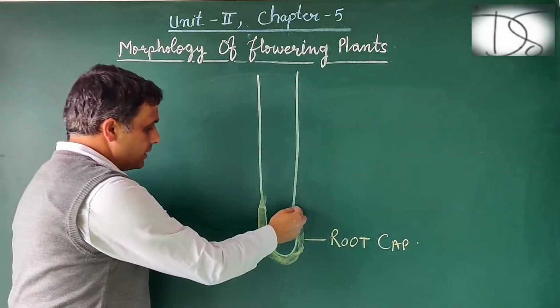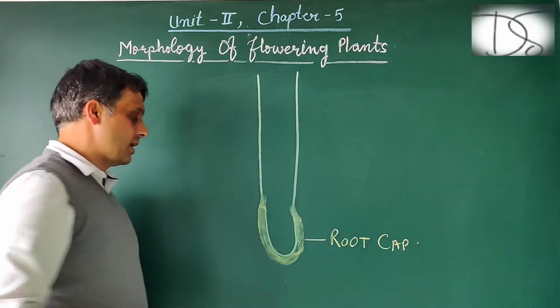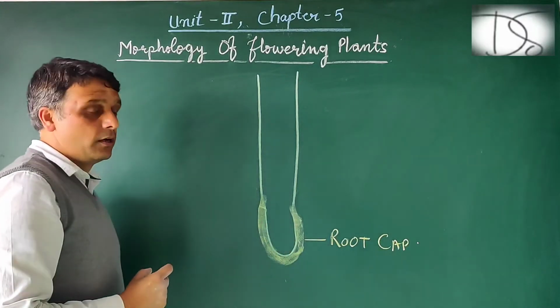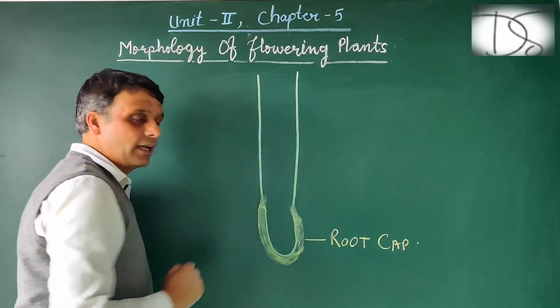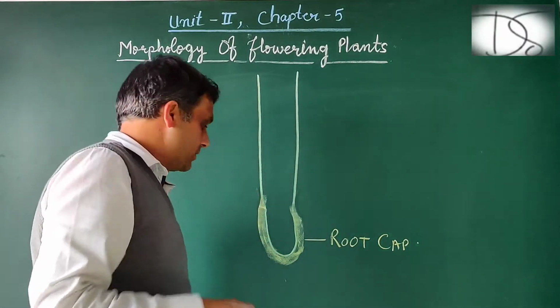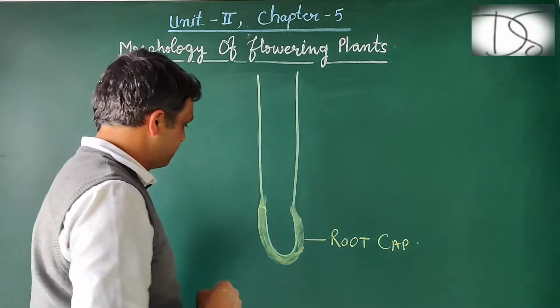It is the region where some specialized cells are present which protect this tender or delicate portion of the root from the mechanical injuries of the soil, where the roots will penetrate deep in search of water and minerals.